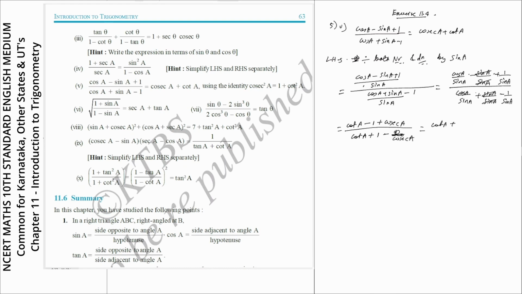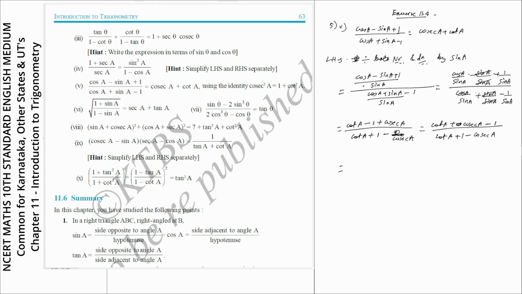Cot a plus cosecant a minus 1 I will write in the numerator. Denominator, cot a plus 1 minus cosecant a. Denominator I did not rearrange, only numerator I rearranged.